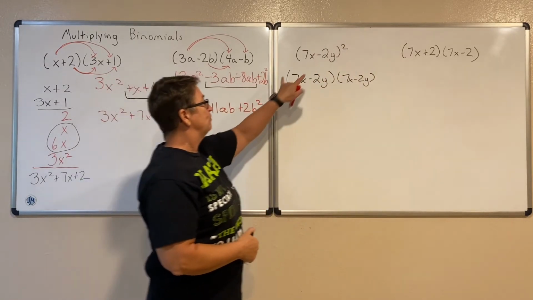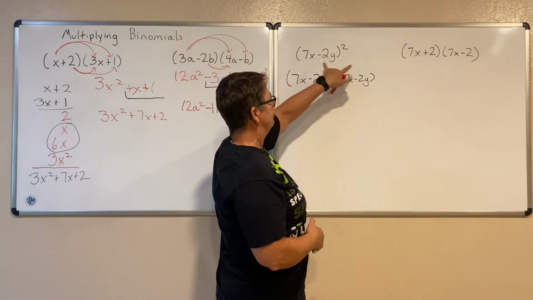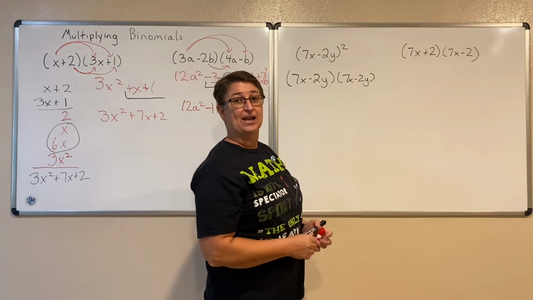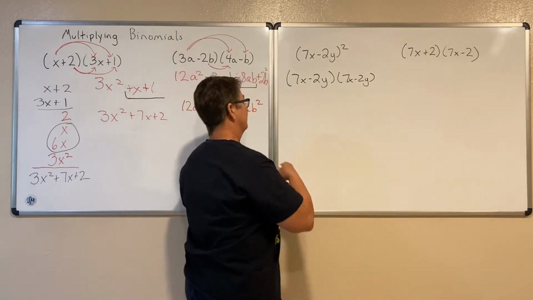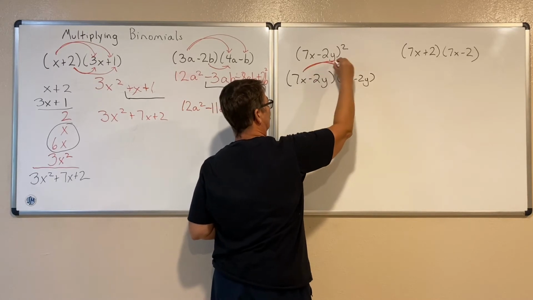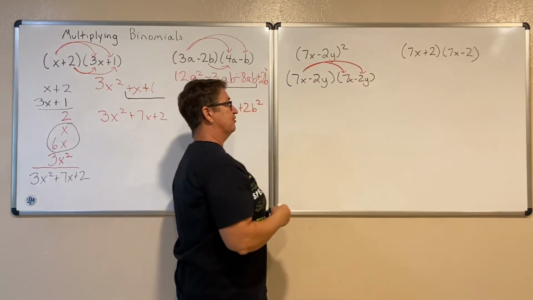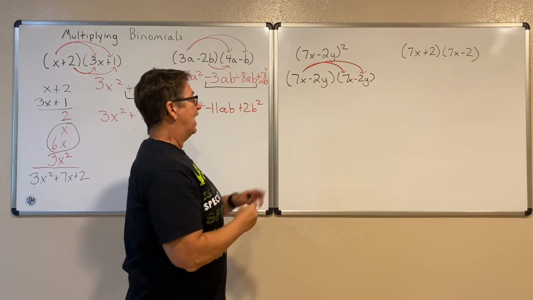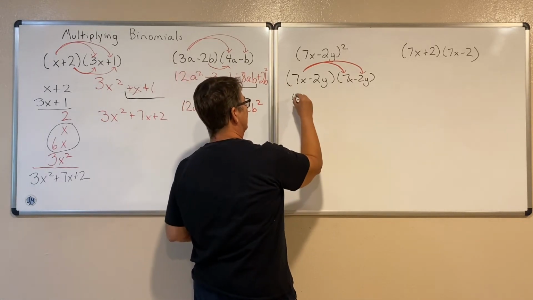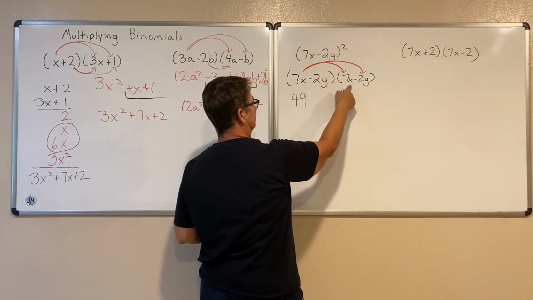I have to multiply everything inside this parentheses by itself. When I do that, I need to use that distributive property. So first I'm going to distribute this 7x to both terms inside the parentheses. So that I have 7 times 7 is 49, and x times x is x squared.